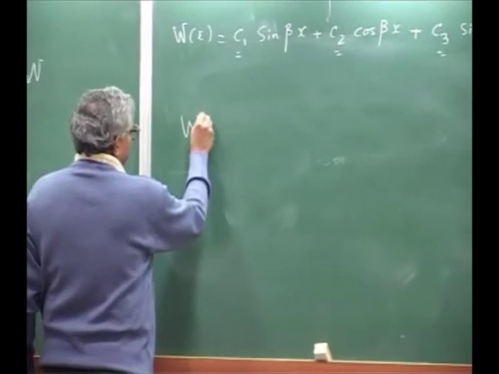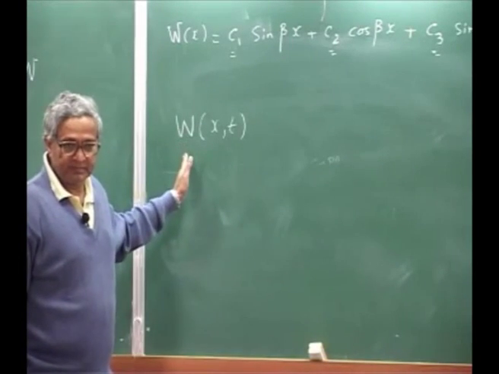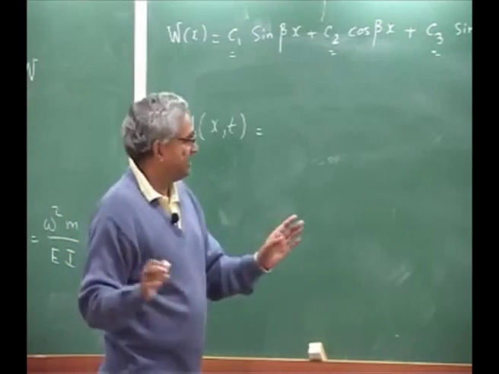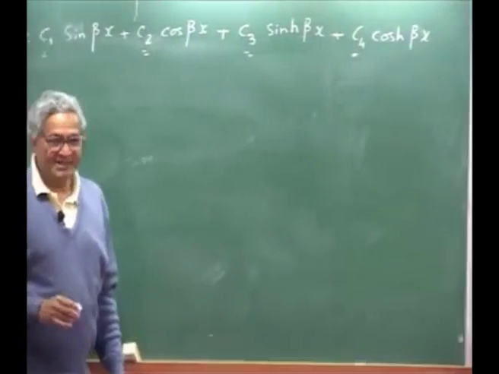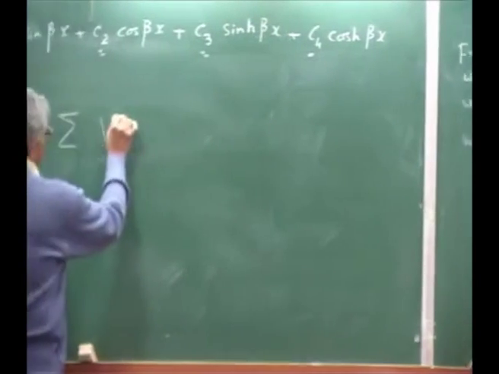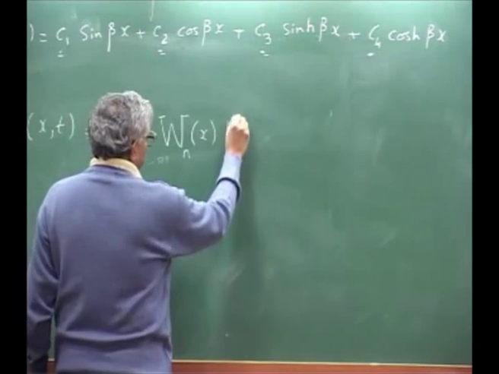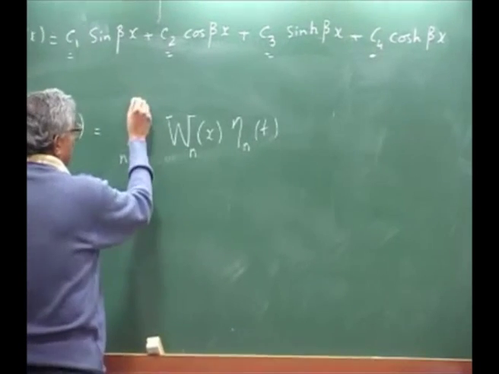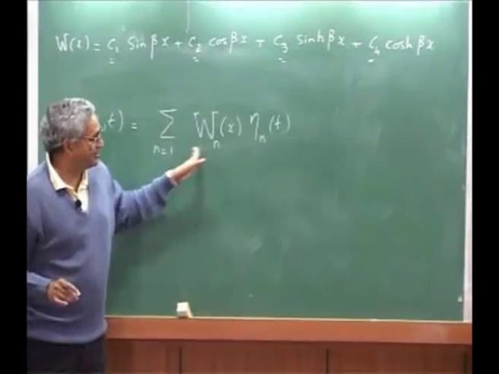So my W, which is a function of x and t, I have split into separation of variables. W of x is all these functions. I will simply write the sum of W n of x times eta n. Technically it goes up to infinity, but here n runs from 1 to n, that's all.